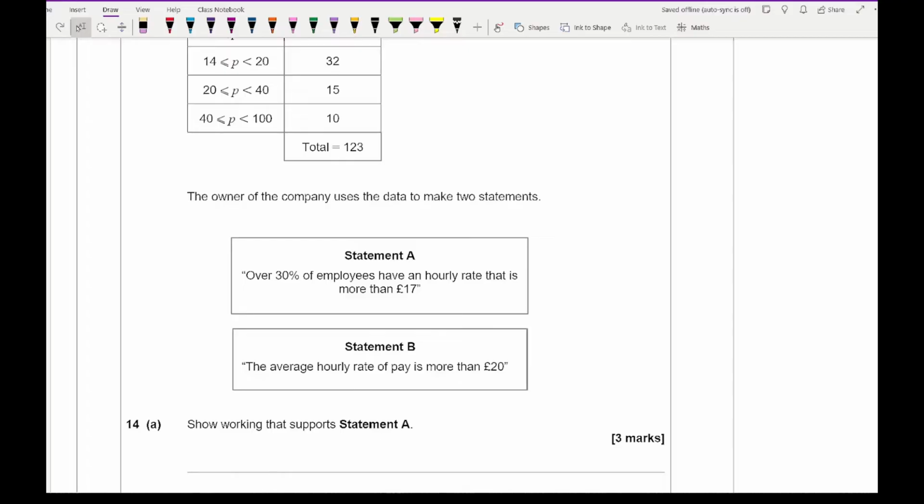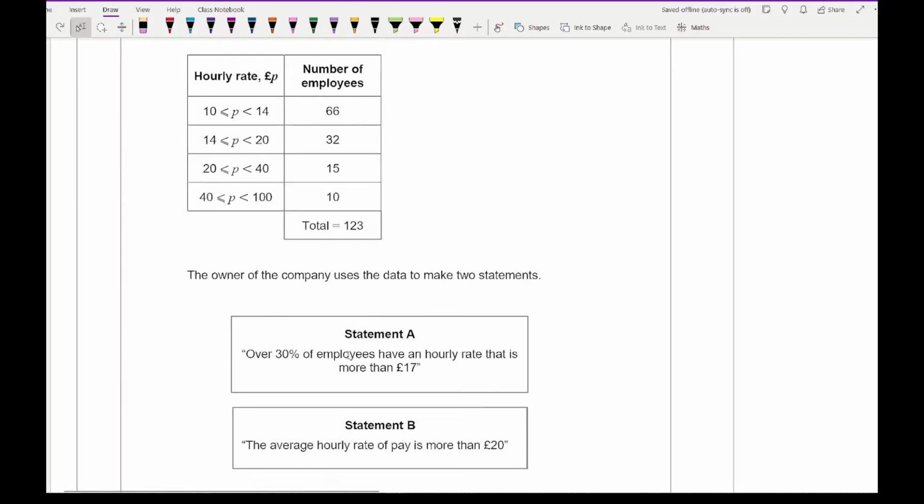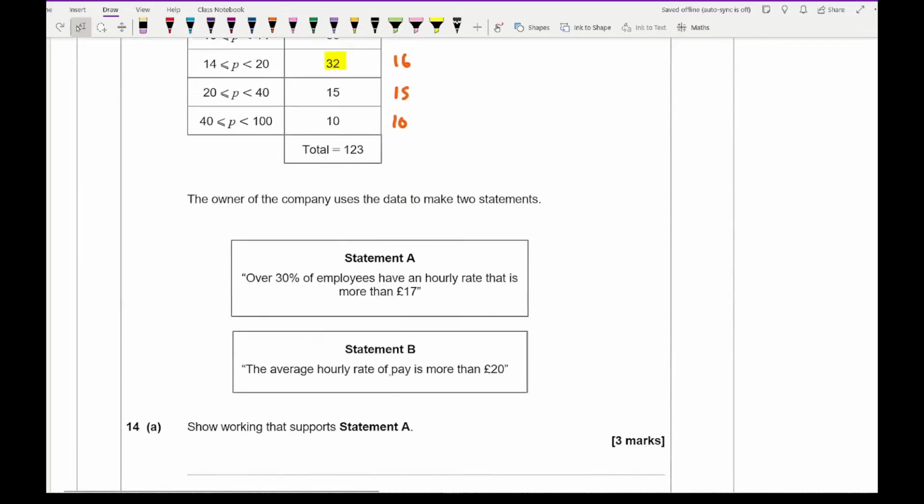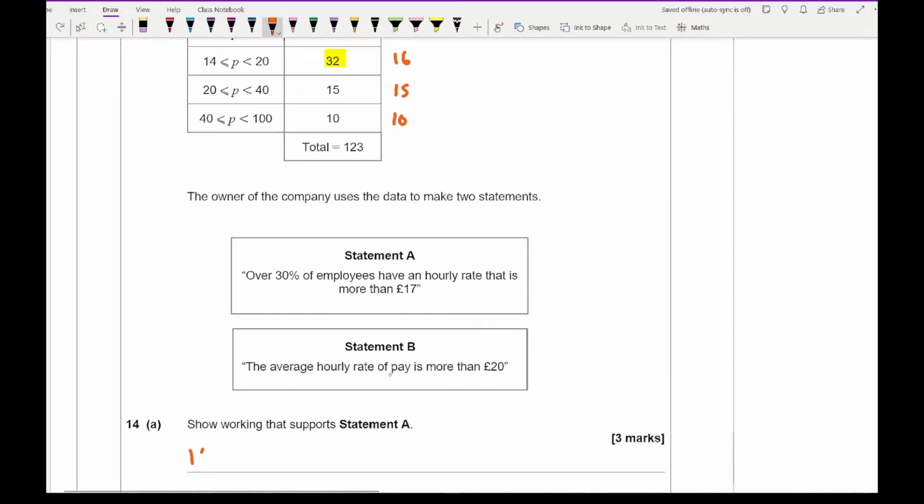So for statement A, we first of all need to work out how many employees are earning more than £17. So ones that are earning more than £17, you could say are going to be half of this group. So that's going to be 16. Then we've got 15 plus 10. So if I then do 16 plus 15 plus 10, that gives me an answer of 41.